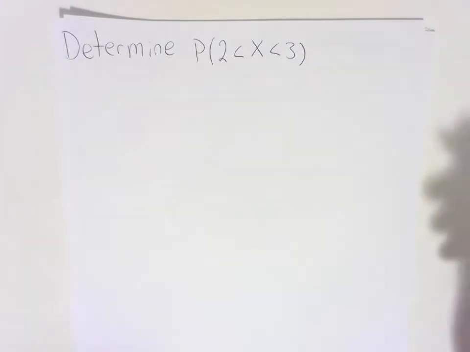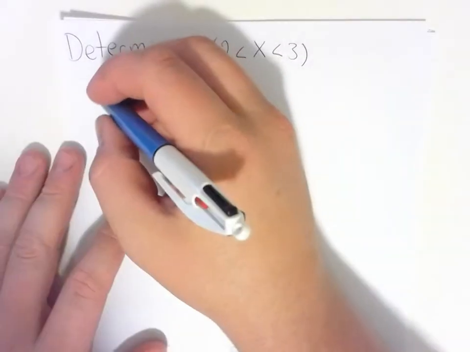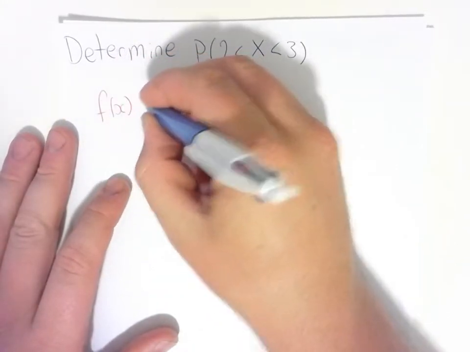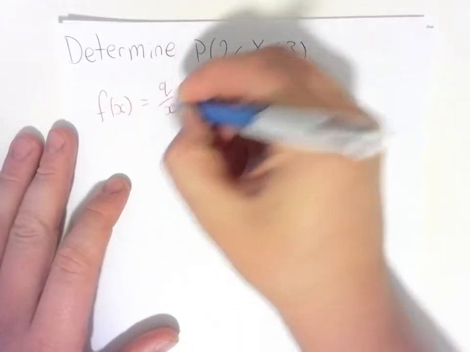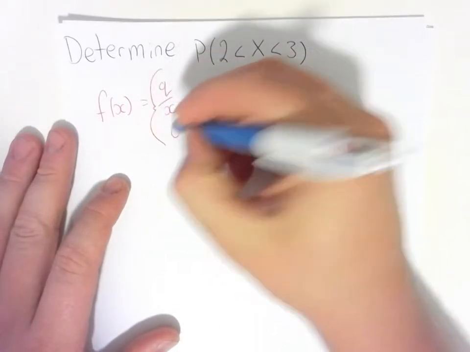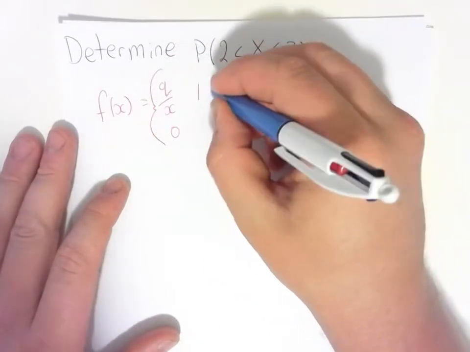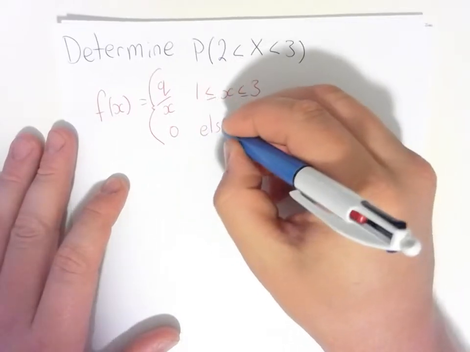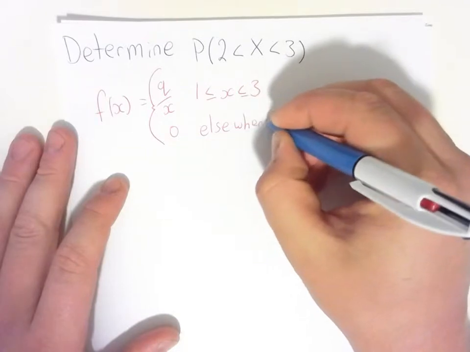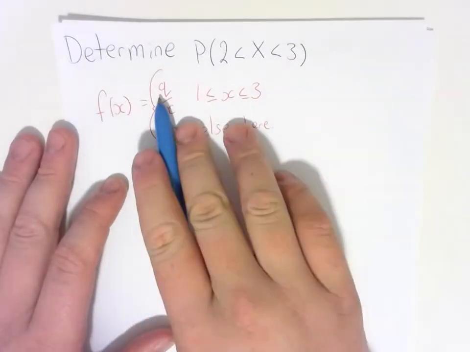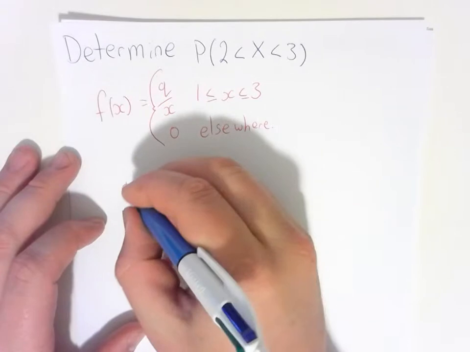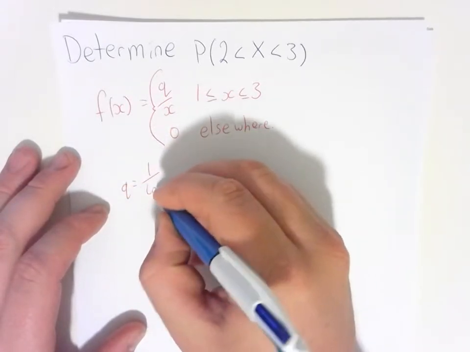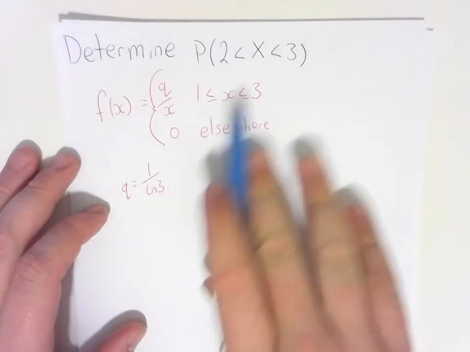Now I'm just going to rewrite this here: we have f of x equal to q on x between 1 and 3, and 0 everywhere else. Because we have now determined that q is equal to 1 on the ln of 3, we can now update this.